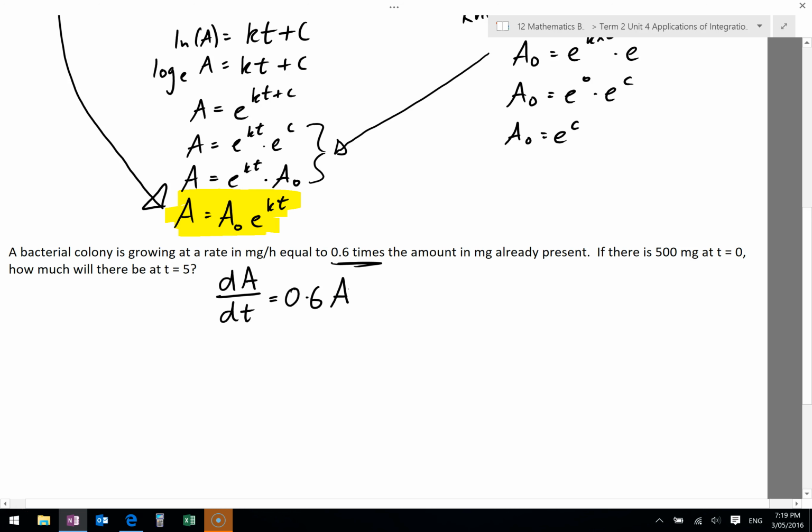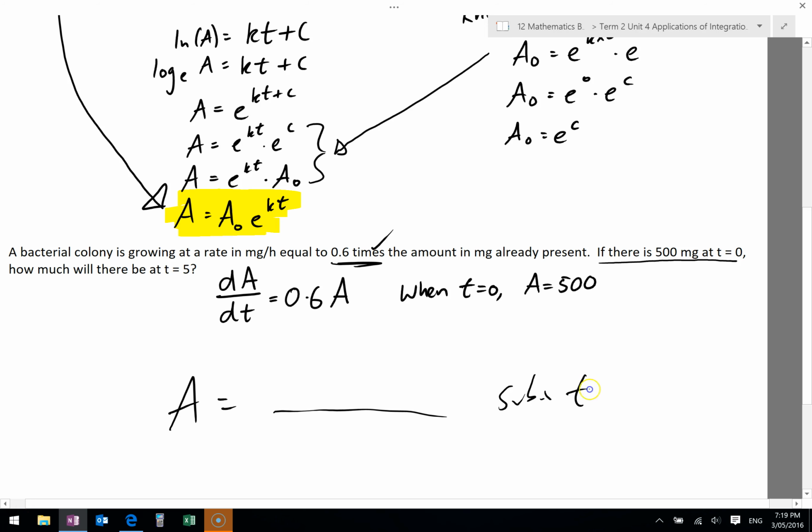We also know, so I've used this piece of information, if there is 500 milligrams at t equals 0, so when t equals 0, A equals 500, how much will there be at t equals 5? So I'm going to need to find the formula for A, and then I'll sub in t equals 5.